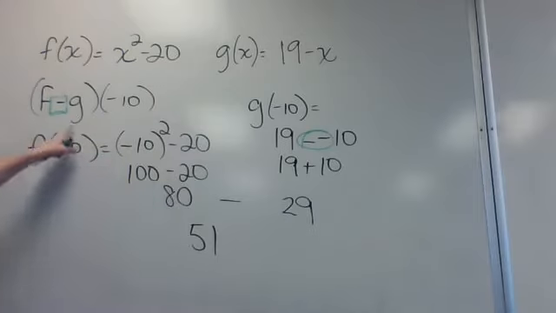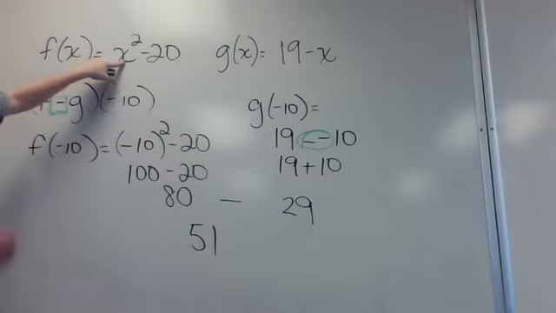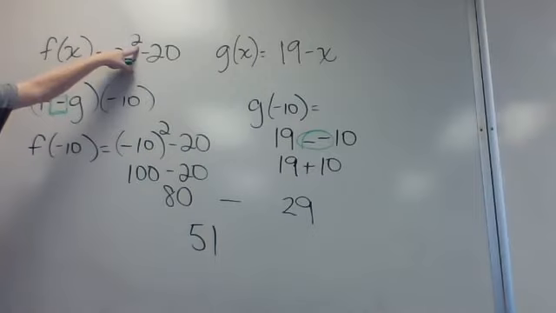Right? Because remember, the first thing you had to do was find f of negative 10. So if you put negative 10 here, negative 10 squared, put parentheses around your negative 10. Because, are you getting negative 100 when you do it?